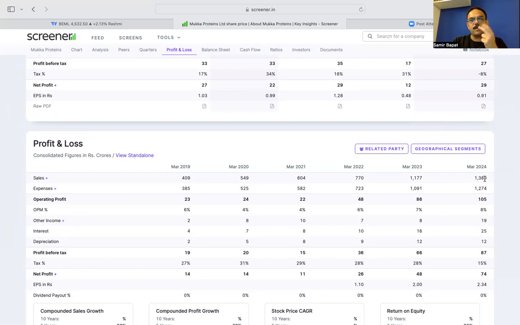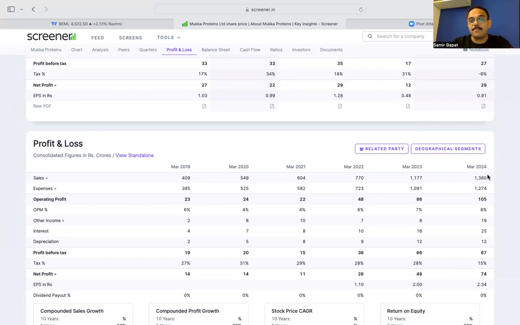Second is, let's say if you go and see the sales is 1380, okay, let's say 1400 is the annual sales, and then there is a news flash. This company got an order of 5000 crores. Fantastic, boss. Again, it can be a trap.